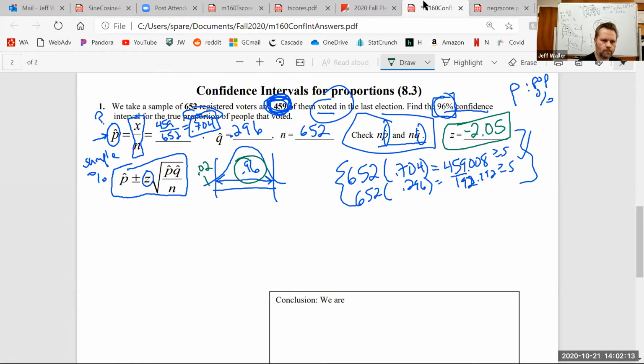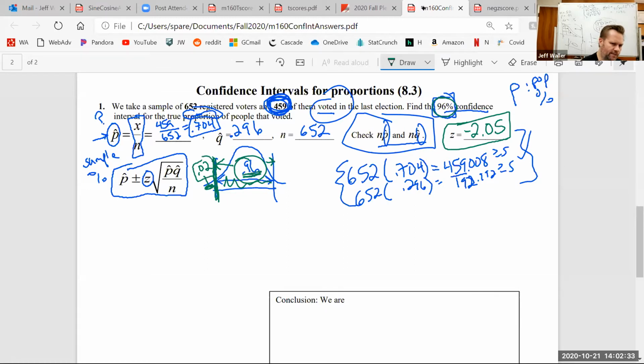Can you explain one more time how you got that? Yeah, so I want to be 96% confident, which means I want to catch 96% of the data. The z-score chart does not understand areas in the middle. It only understands areas below. So how do I find this z-score? Well, what area is below it?